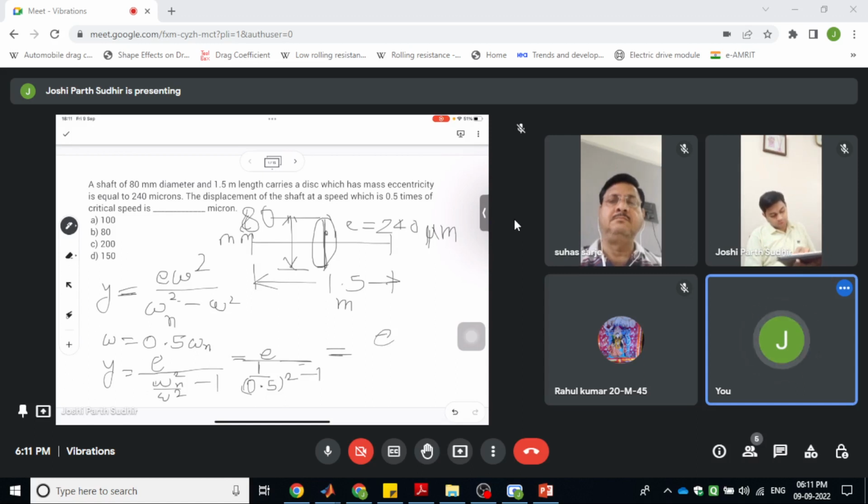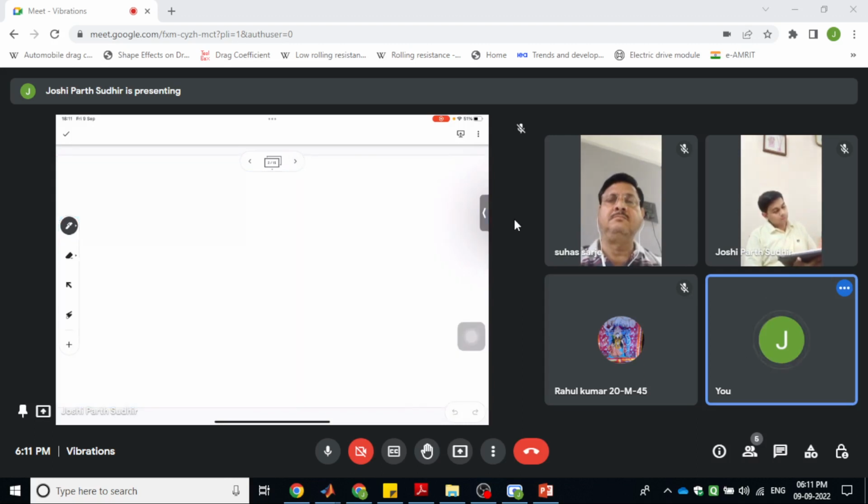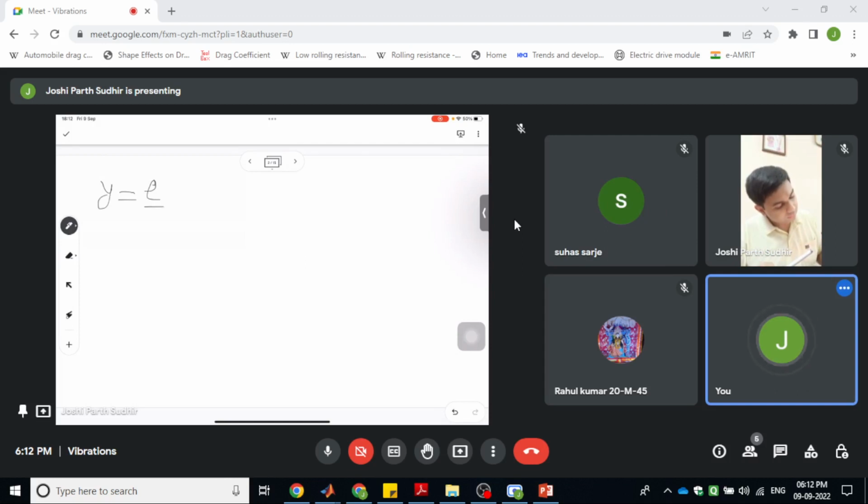So it will be E by 4 minus 1, E by 3. So Y will be E by 3, which is 240 by 3, which is 80 microns.